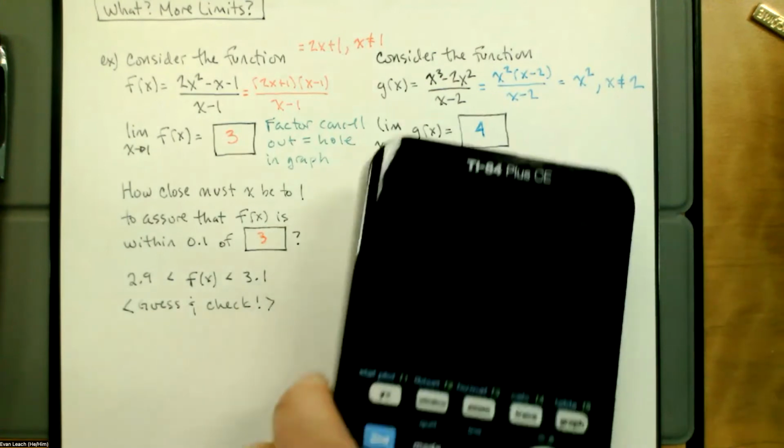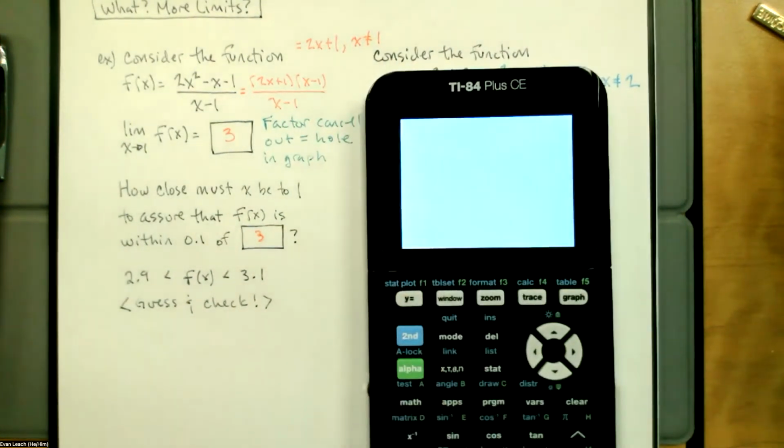So what if x is, let's say, 0.9. How close is that going to get f of x? So let's see, 2 times 0.9 plus 1. Oh, that's not within 0.1 of 3.